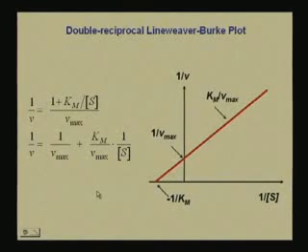So if we plot 1 by V versus 1 by S, my slope is Km by Vmax, and my intercept is 1 by Vmax. So what can I determine from this?